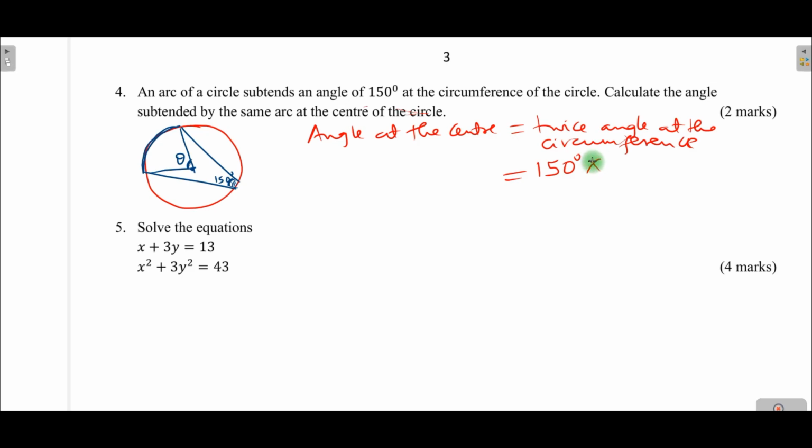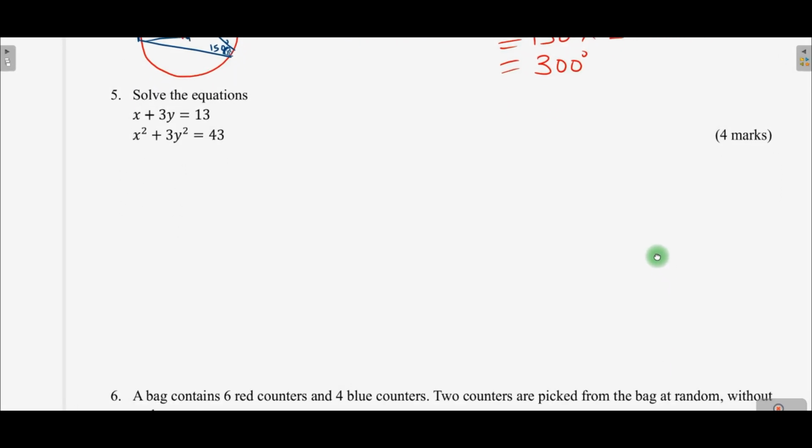So the angle at the center is twice 150, that is 150 times 2, and therefore we get 300 degrees. So this angle here will be 300 degrees. Next, question number 5.